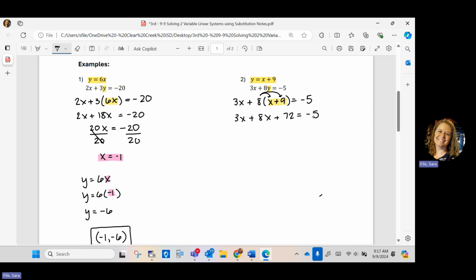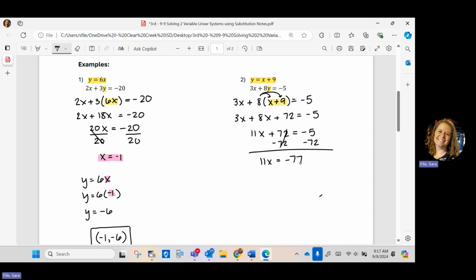I've got some like terms I can combine here on the left to 11x plus 72. And now I'm ready to start moving things across the equation because I've simplified as much as I can there on the left. So I will subtract the 72 because that's the opposite operation to move the constant, which leaves me with 11x equals negative 77.